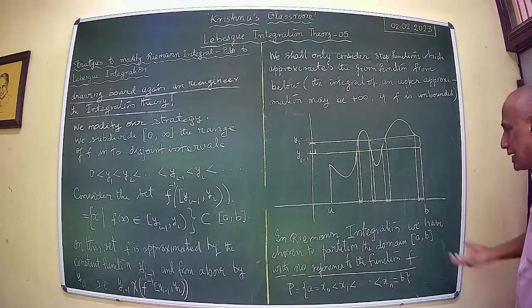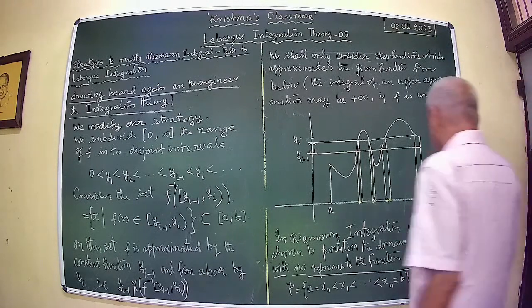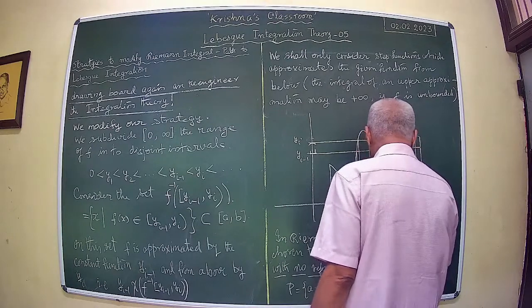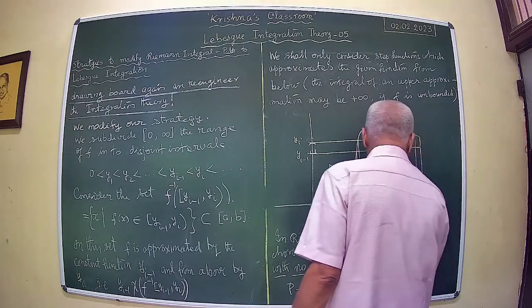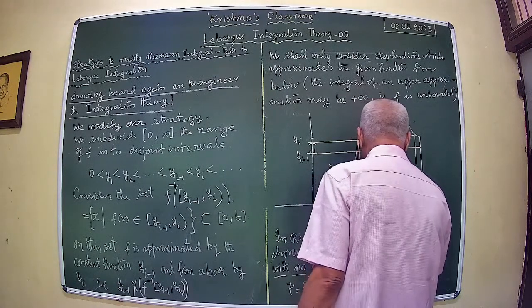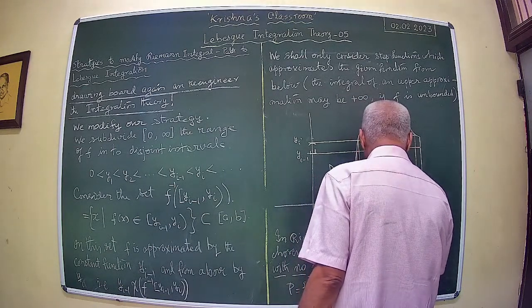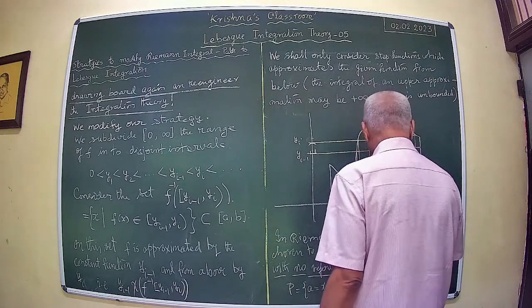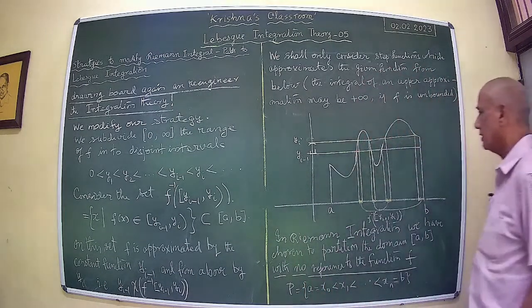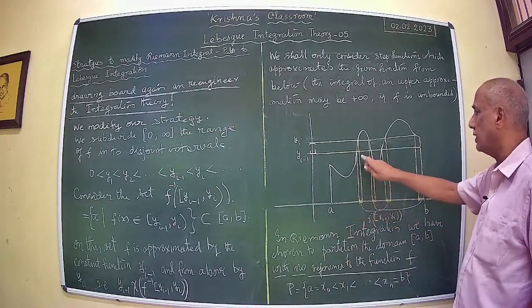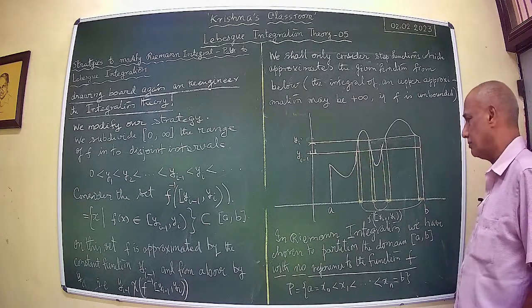The set that we are considering is f inverse of this one, this one, this one, this one in this example. This is what you call f inverse of (y_(i-1), y_i). On this set, we take the value of the approximating function as y_(i-1).